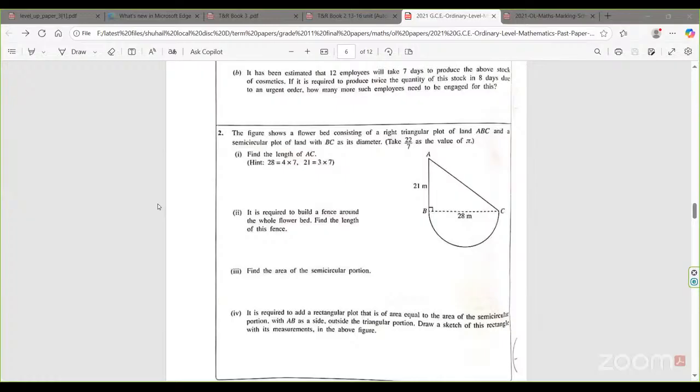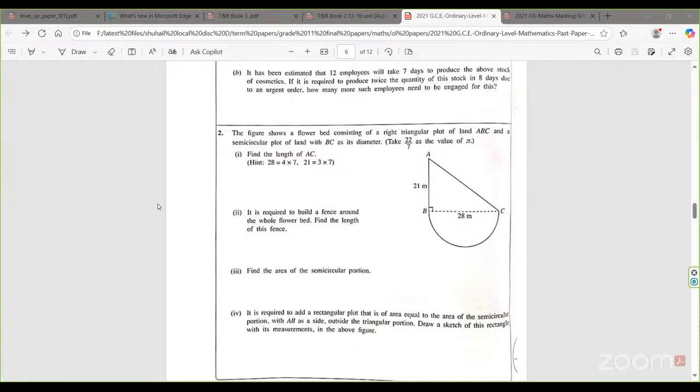Take 22 over 7 as the value of pi. They have asked, find the length of AC. And they have given a hint: 28 means 4 into 7, 21 means 3 into 7. Either you can use it or no need.